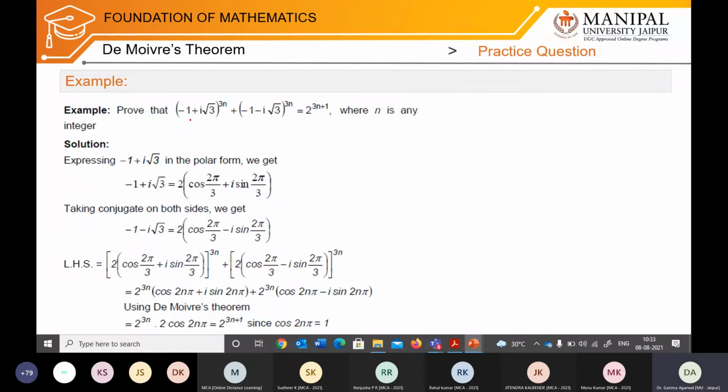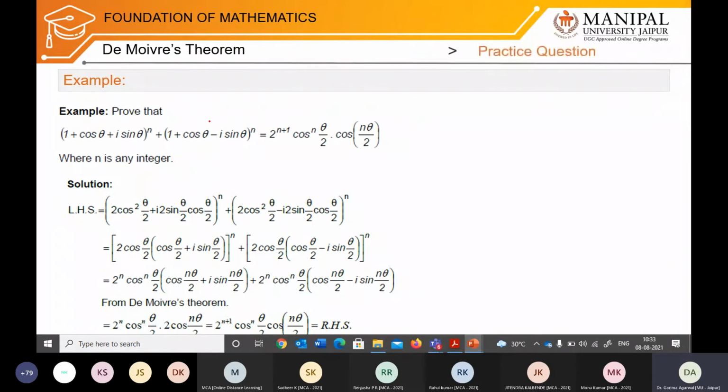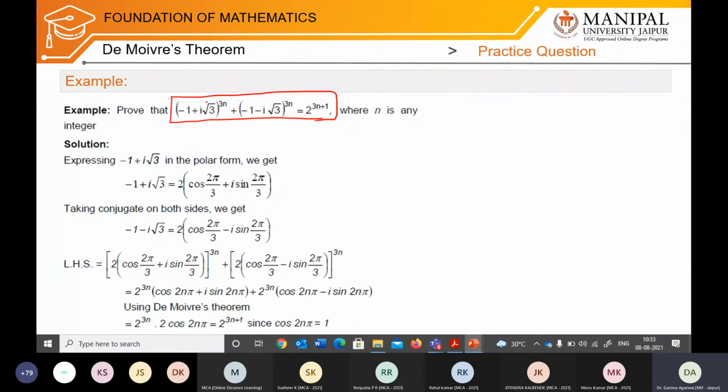For example, if we want to prove this step where n is any integer, what we'll do, first of all, we'll convert this term into polar form, right? This term should be in sine and cos form, then only we can use De Moivre's theorem. So to find the polar form, first of all, we need to find the value of r, right?